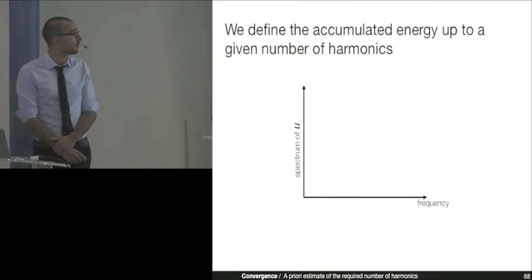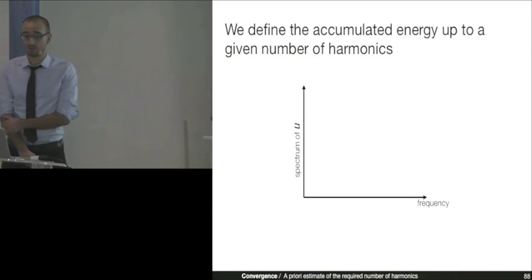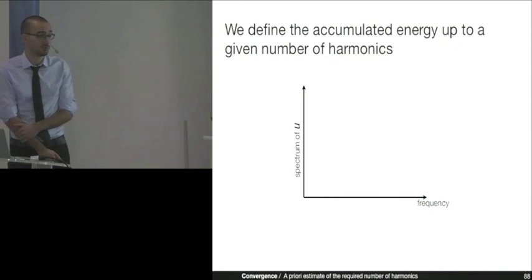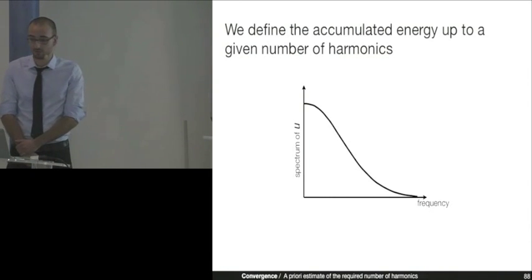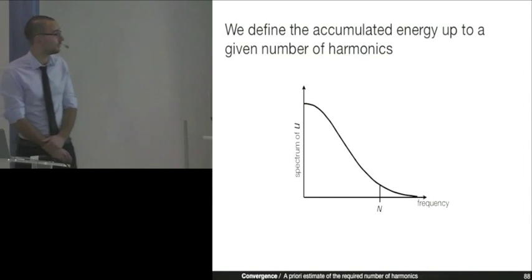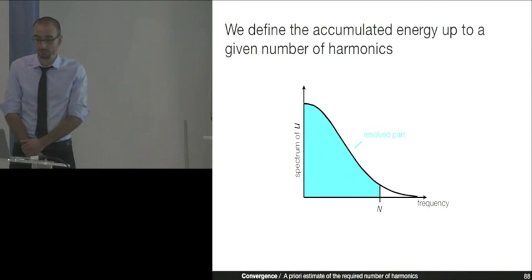So now we want to define an error measure, and we will use the accumulated energy up to a given number of harmonics. If we take the spectrum that we've computed from the tangential distortion, and define a number of harmonics from which we do not compute the solution, we get a resolved part and a non-resolved part.